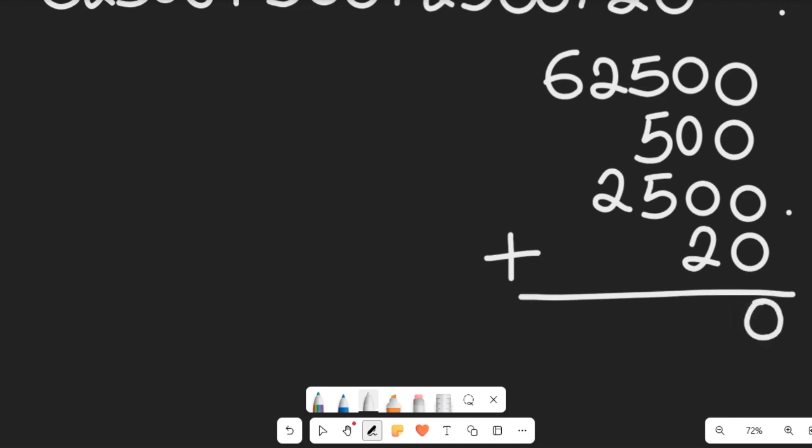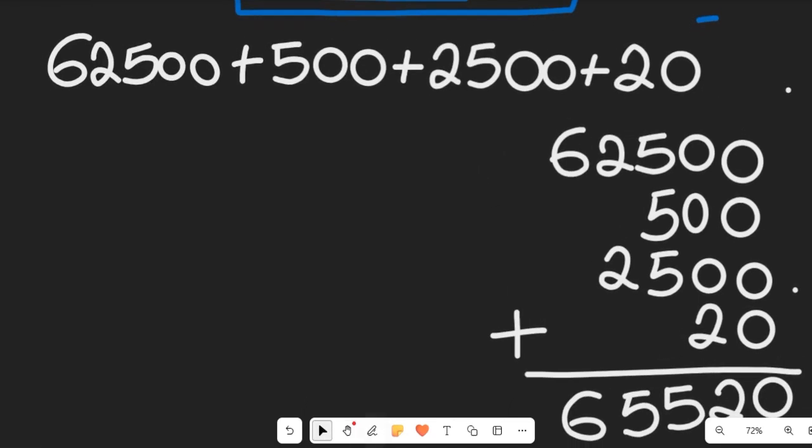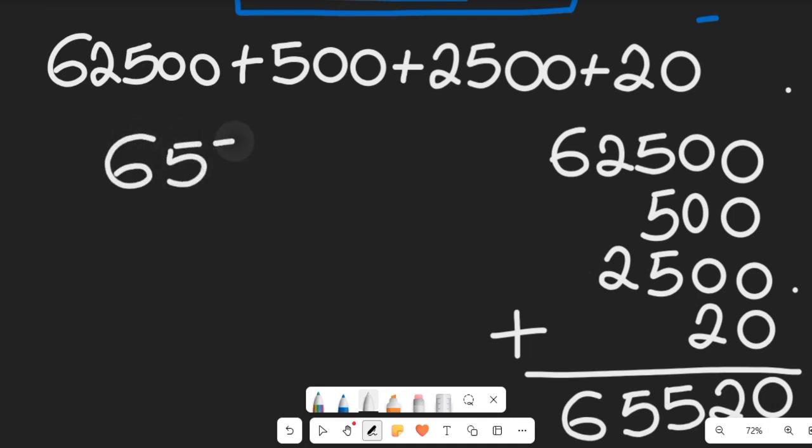zeros will give us 0, 2 and zeros will give us 2. This is going to give us 15, right? You write 5, carry 1. 2 plus 2 is 4, plus 1 is 5, and then we'll have what? We have 6 coming down. So we're going to have that expression to finally give us the result 265520.